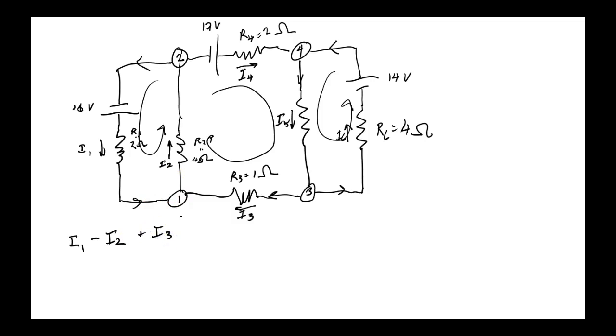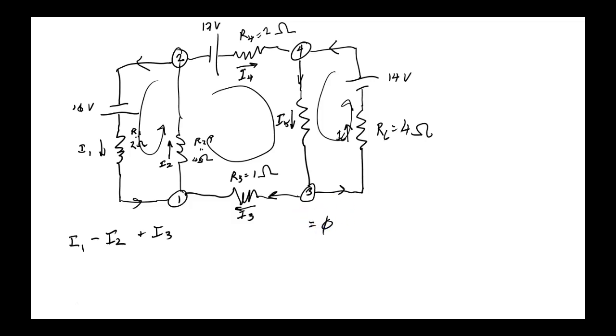Those are the 3 that are dealing with node 1. I1 coming in, so that's positive. I2 leaving, so that's negative. I3 coming in, so that's positive. That's it. So that's equal to 0.